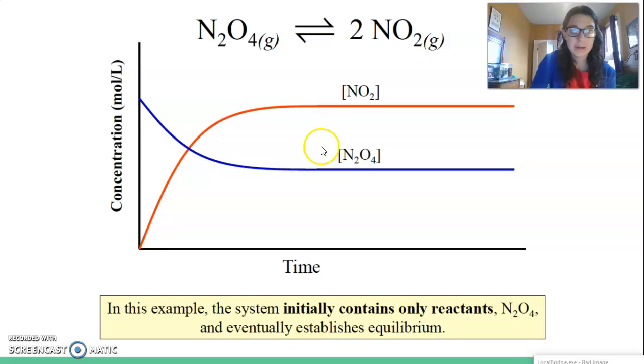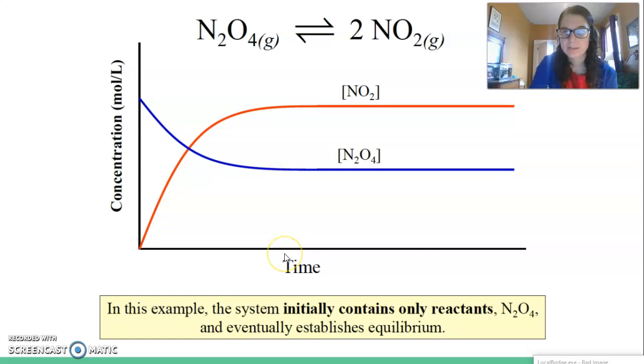As time goes on, again, N2O4 drops while NO2 increases. And as 2 moles, again, of NO2 are created, we are losing 1 mole of N2O4. And eventually we end up with this straight line, where over time the concentration isn't really changing for our reactants and products.